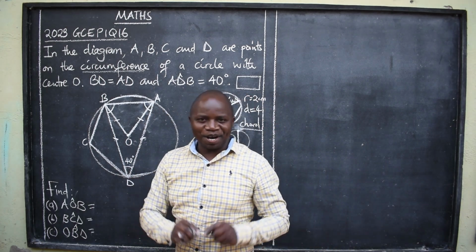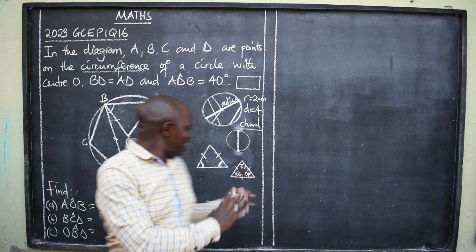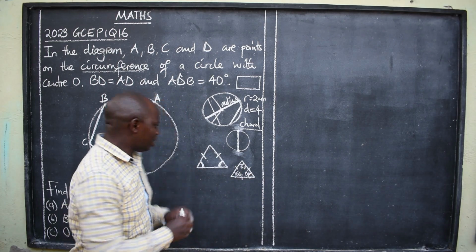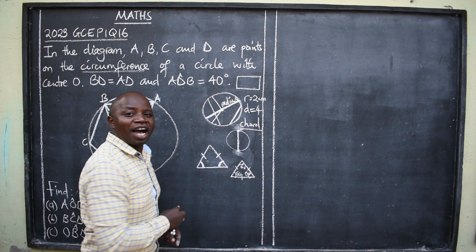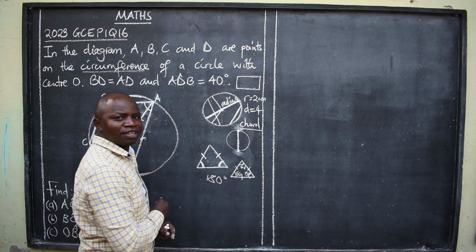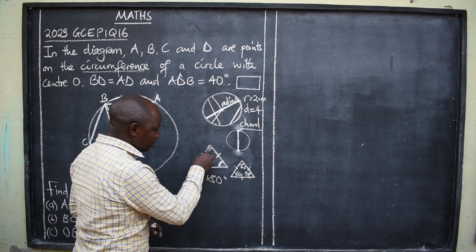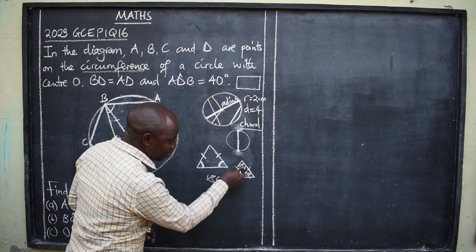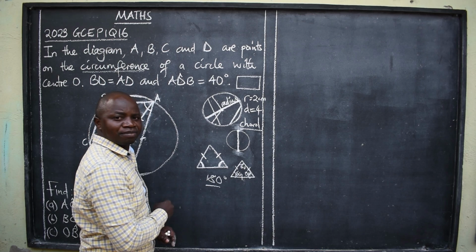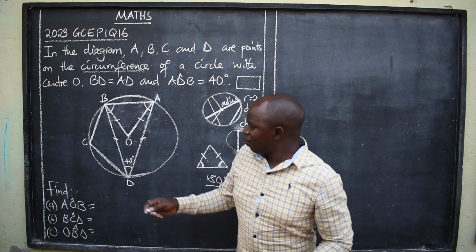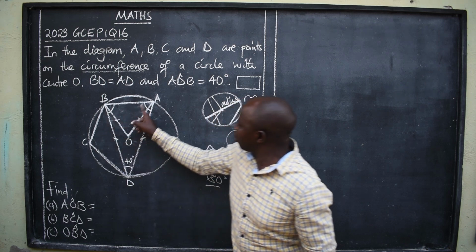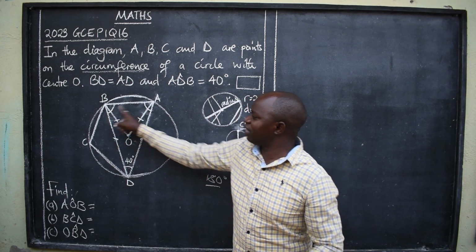And remember that in any type of triangle, the three interior angles should add up to 180 degrees. 60, 60, 60, 180. This plus this should give you 180. Here, this angle is 40, and this is equal to this. What do you think will be the size of each?